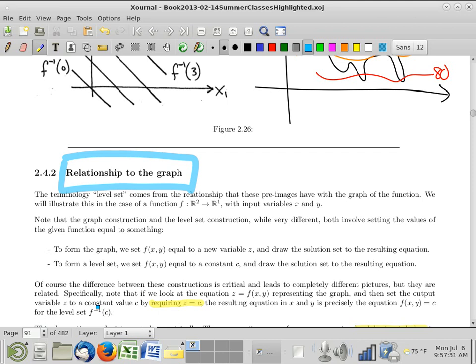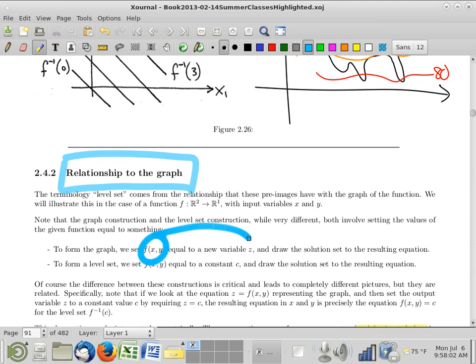Again, the graph is formed by setting the function equal to a new variable. Level sets are formed by setting the function equal to a constant. Well, if I were to set the function equal to z, and then subsequently if I were to set z equal to c, let's look at what we have in blue here.